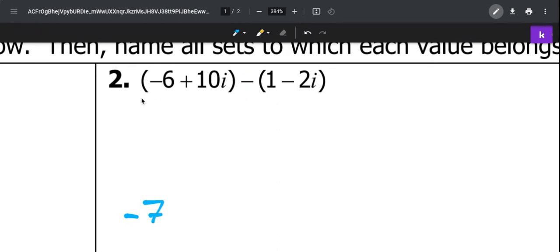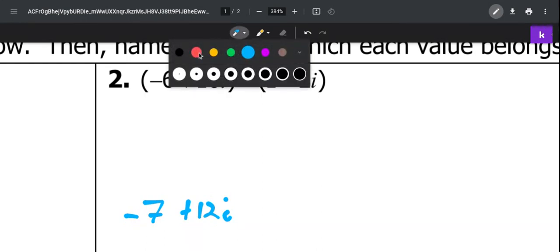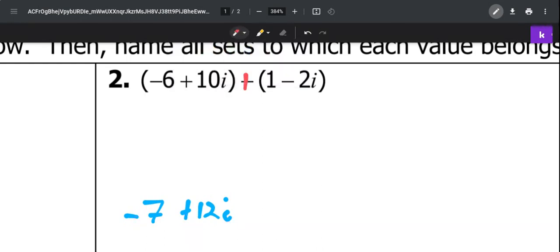All right. Then you could say 10i minus -2i. Minus a negative becomes plus, so that would be plus 12i. Another way you could do this, because I know that some of us struggle with our signs, act like this is a plus sign and then make your negative be something that you can distribute.